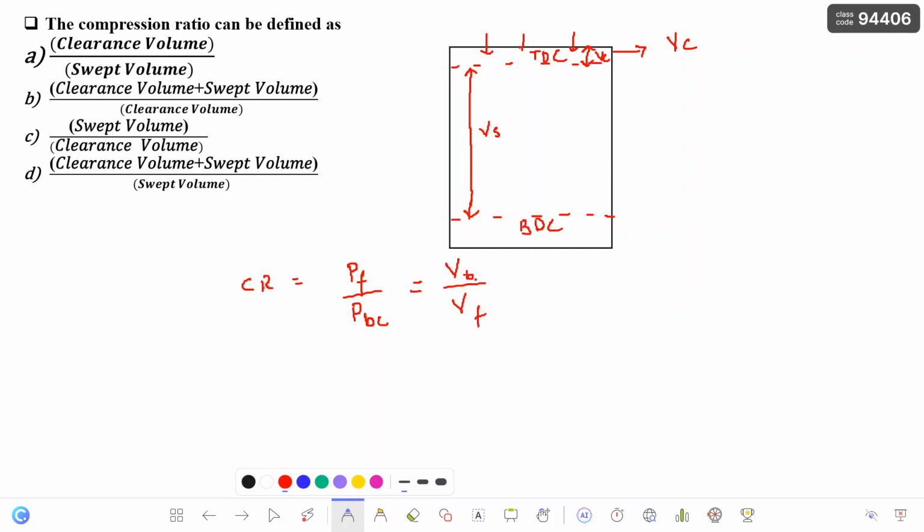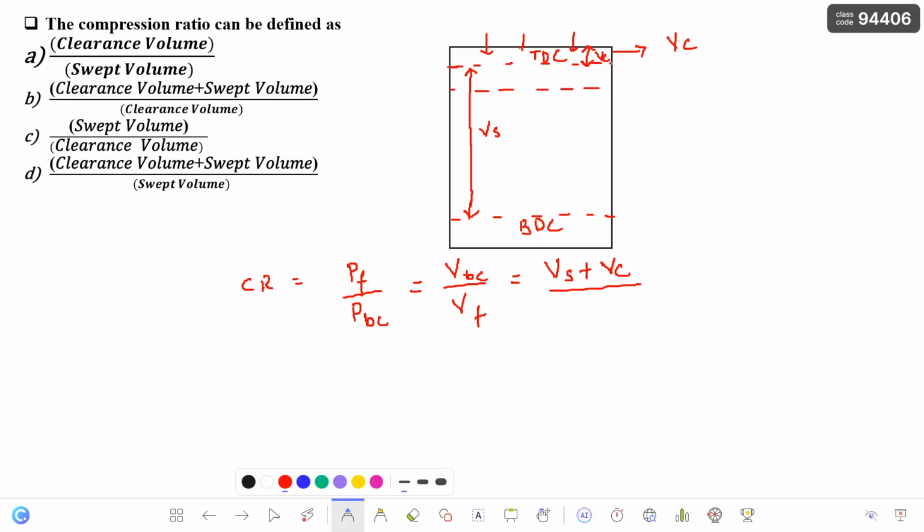What is the total volume that the air is occupying in the cylinder before compression? It is swept volume plus clearance volume. Now what is the final volume after compression, how much is the charge occupying? The piston will be at the top dead center.